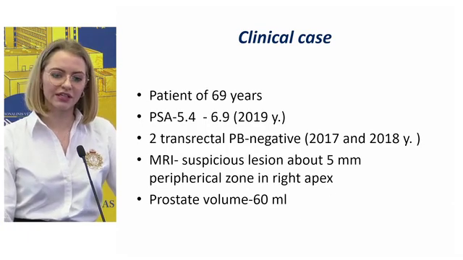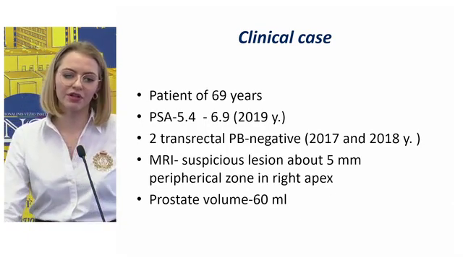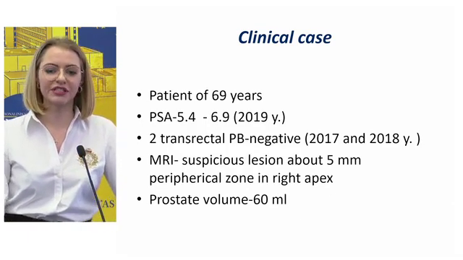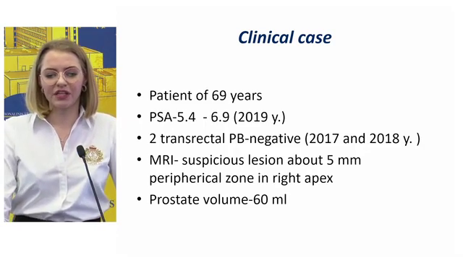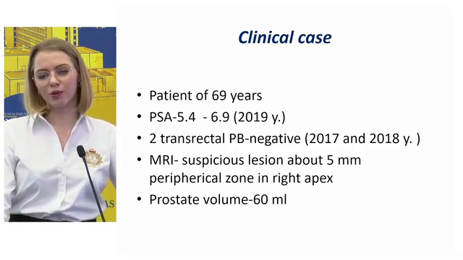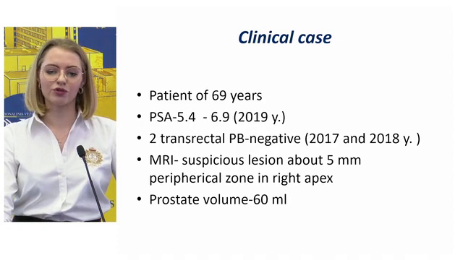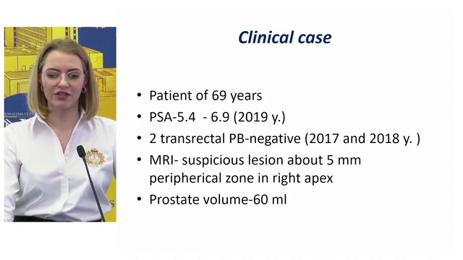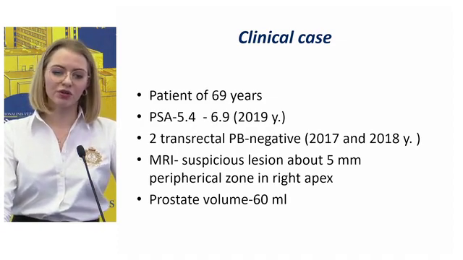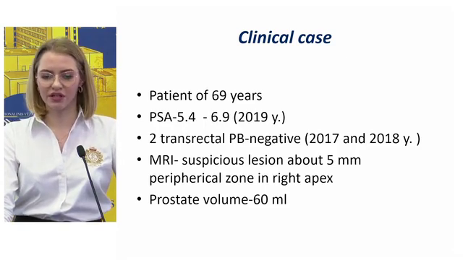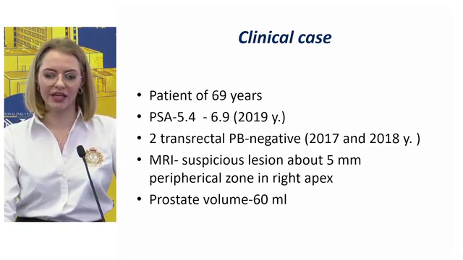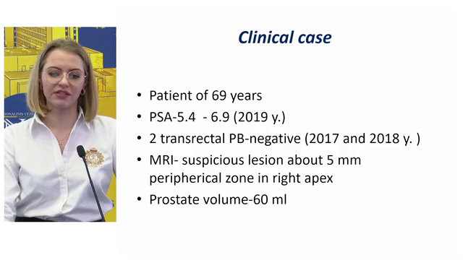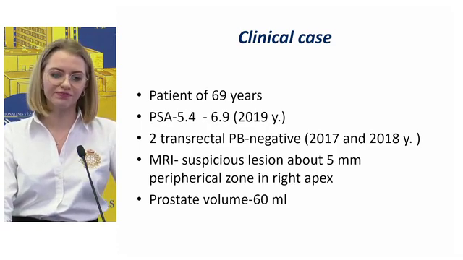So, a clinical case for transperineal prostate biopsy: a 69-year-old patient with PSA level growing from 5.4 to 6.9 in 2019. Two transrectal prostate biopsies were done, both negative, in 2017 and 2018.